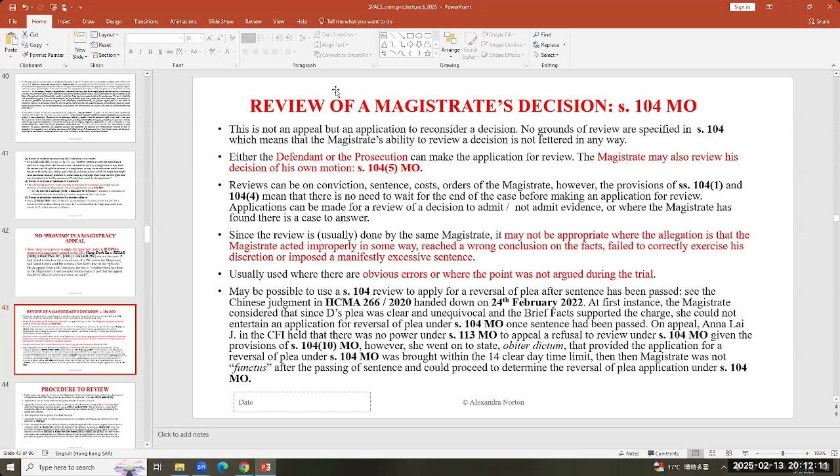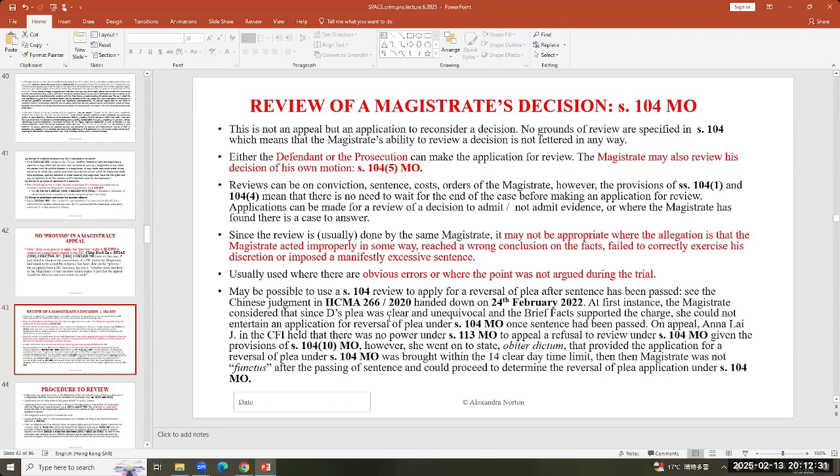And it's very clear that there was an error made. And for that reason, the review is likely to succeed. And you can use the 104 procedure to apply to reverse a plea even after sentence has been passed.